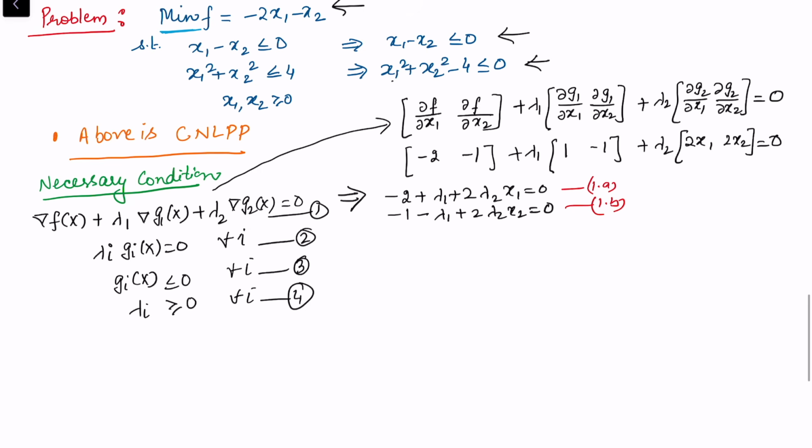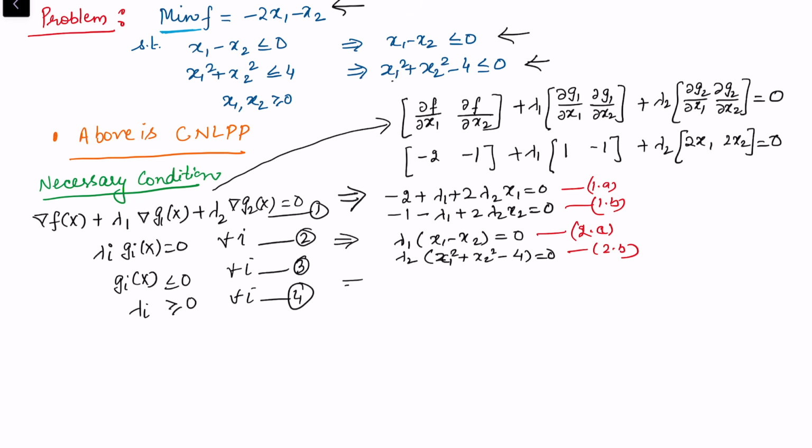Now similarly, we write the second equation. We get first lambda 1 times (x1 minus x2), due to the first constraint, and lambda 2 times (x1 square plus x2 square minus 4) equal to 0. Let's call these 2.A and 2.B.